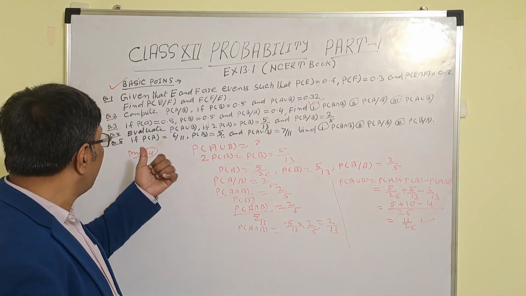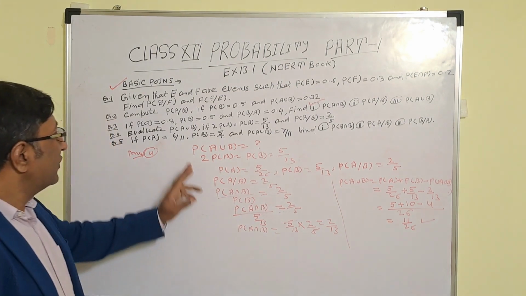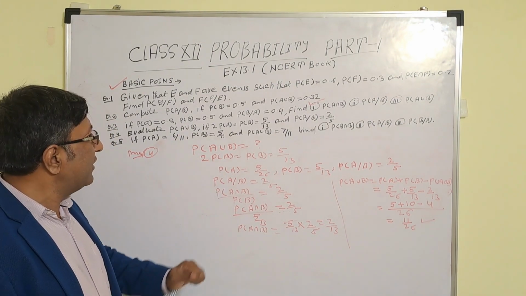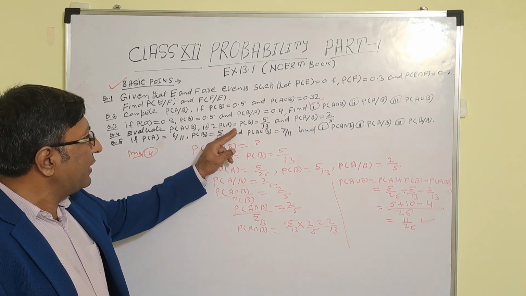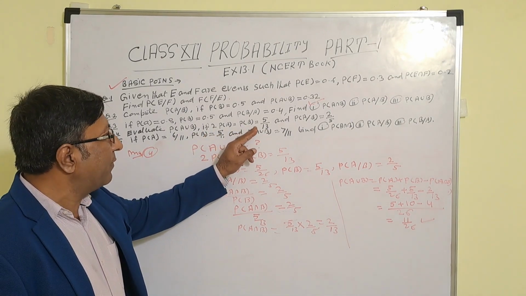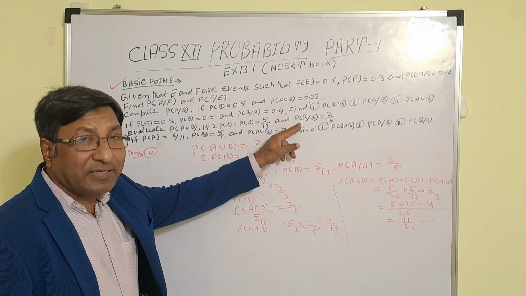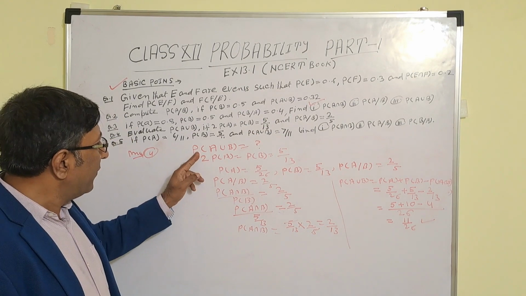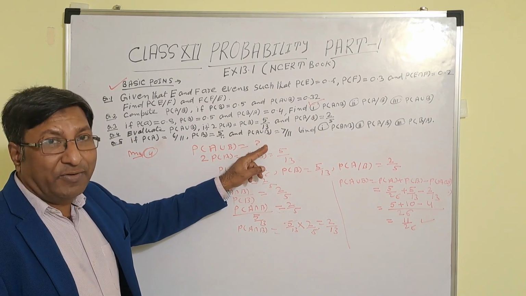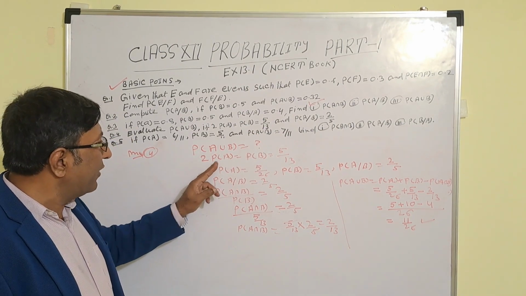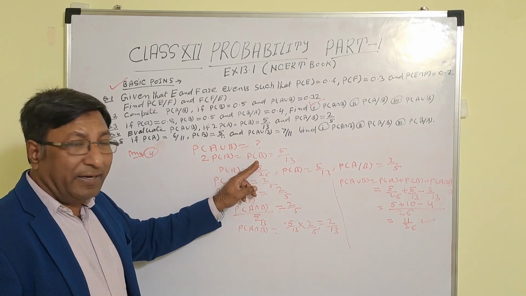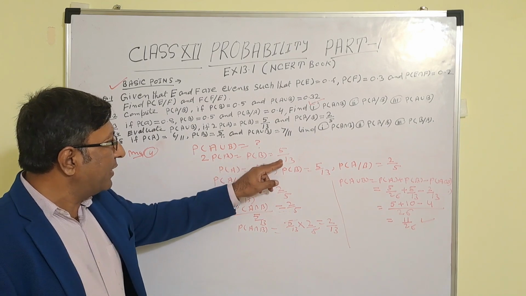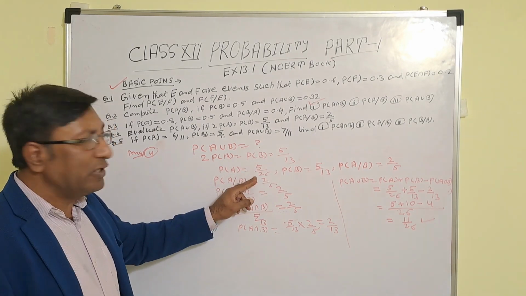In this way we can solve this question very easily. So we have to find probability of A union B. What is given? Twice probability of A equals probability of B, which is 5 by 13. And probability of A given B is already given. So probability of A union B is what we have to find. So probability of A is 5 by 13 divided by 2, so 5 by 26.